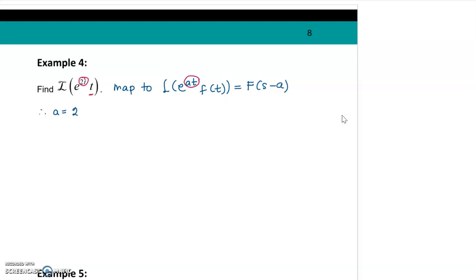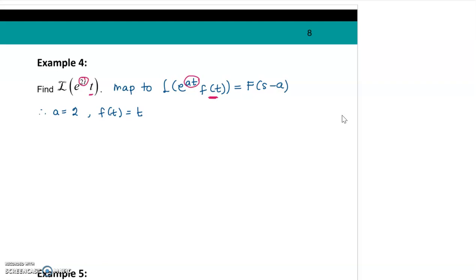So the t here is just some function in the form of f(t). All right, so a equals 2, and then our f(t) is t. We know the answer at the end is supposed to be in the form of F(s minus a). So the idea is if we can get F(s), then we can get F(s minus a).